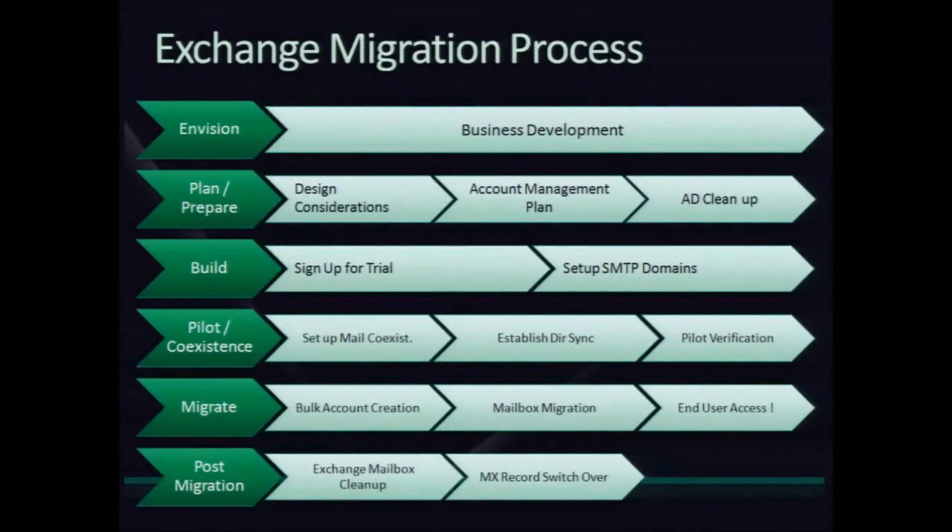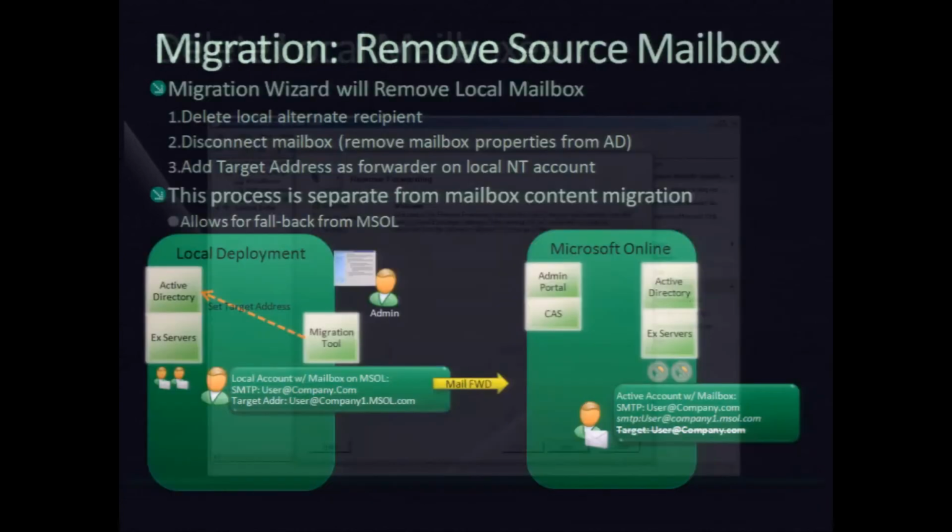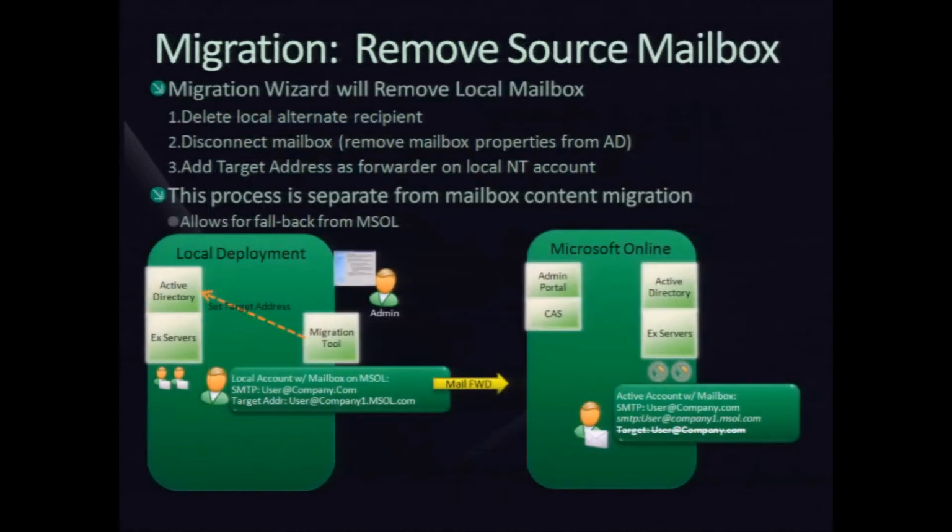Again, you want to do that as fast as possible. After the migration, it's just about cleaning up the mailbox, and that's very simple. We actually have a tool. The migration tool will go in and actually delete the mailboxes for you. So once you've done the migration, you can come in on Monday or Tuesday afterwards and delete the local mailboxes. And what's nice about the tool, when it deletes the local mailboxes, it will take care of the contact.